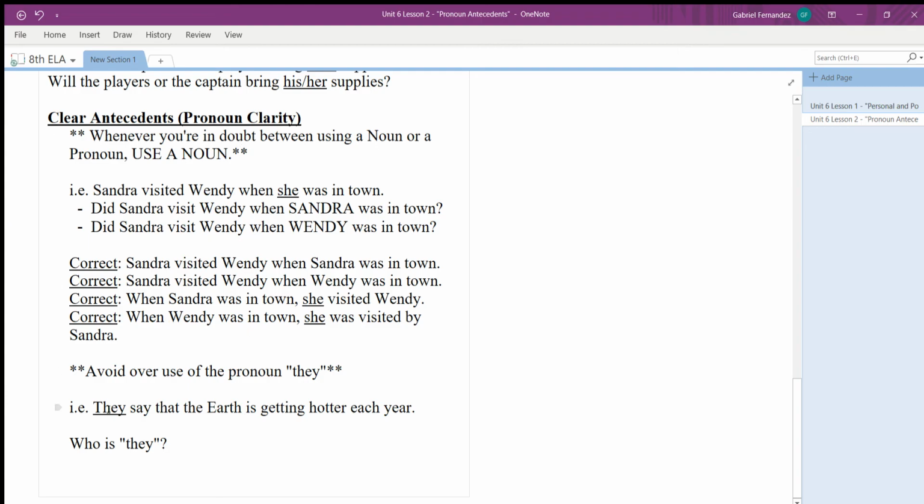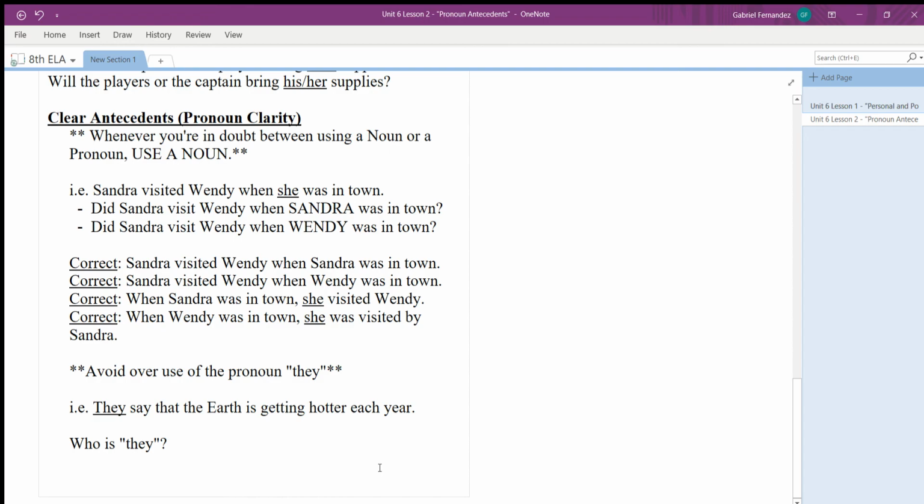When you're writing and you find yourself using a pronoun, you should know the answer to the pronoun that you're talking about. You should know the antecedent that pronoun is replacing. Okay? If you don't know exactly who says that the Earth is getting hotter each year, you know what? The information probably doesn't belong in your essay.